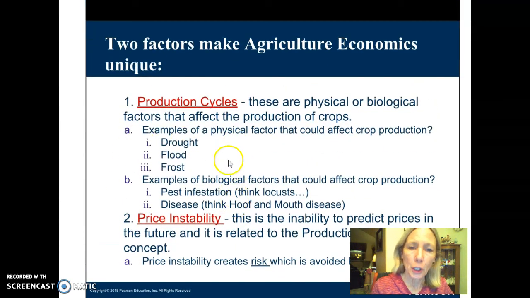Price instability goes with a production cycle. So price instability is true for agriculture more so than just about any other type of production. So we can never predict prices in agriculture because we never know what the weather is going to be. So prices fluctuate, and they fluctuate not just because of weather, but they also fluctuate because different countries have problems in producing a crop.